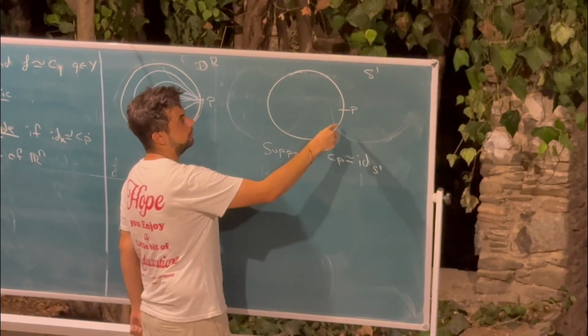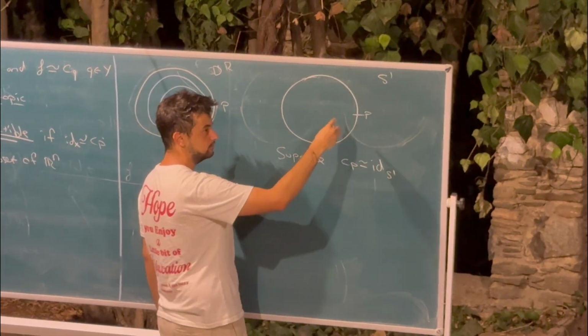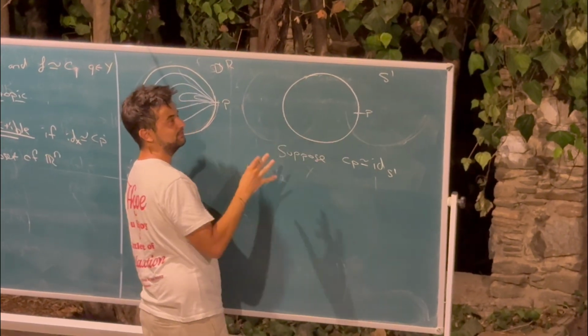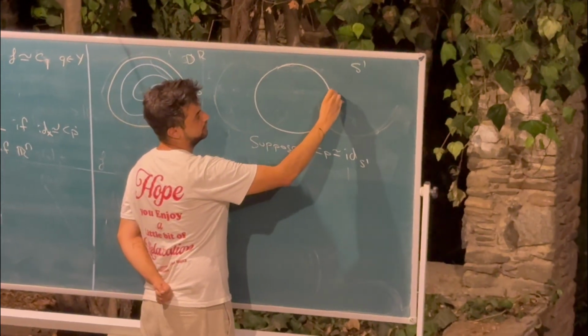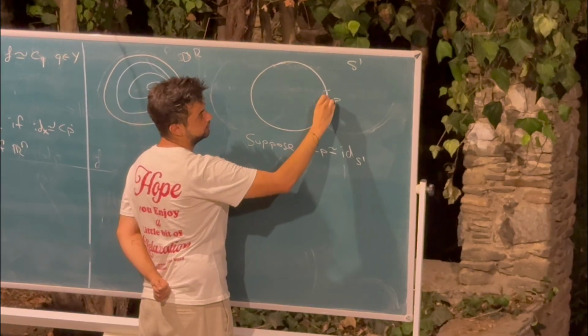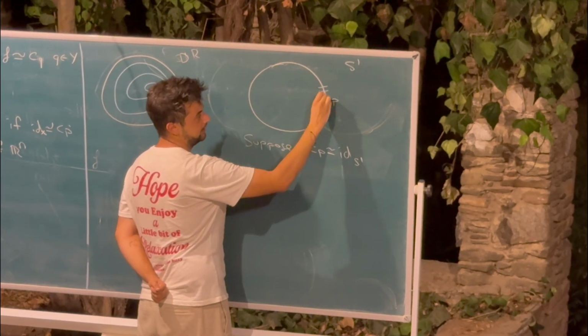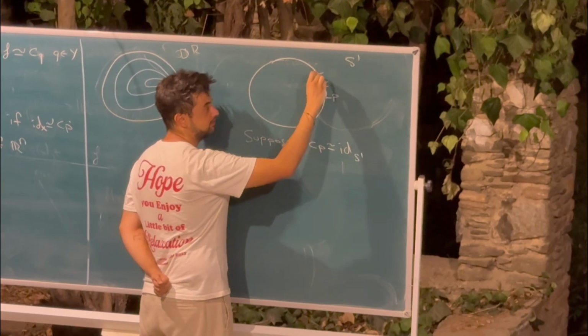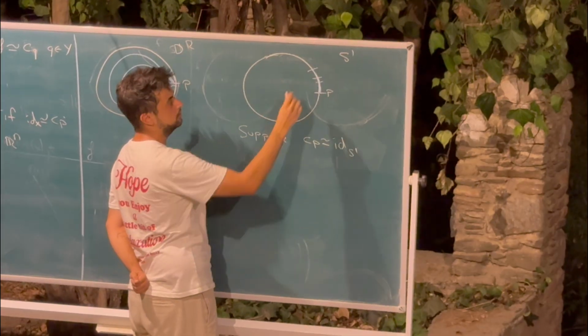And then the points that are close to P should behave like P. So this is about continuity. If I have a point here, this is going to slide down to P, and then this is going to slide down to P. So these are the paths that the points are going to follow.